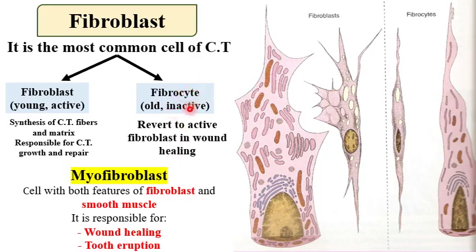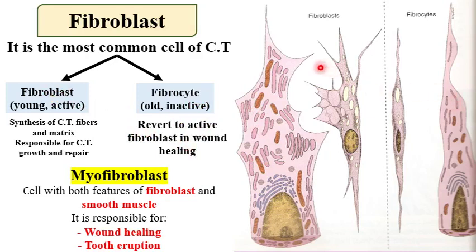As a fibrocyte, it has no function because it is inactive. But if there is wound healing and I need fast fibroblasts to repair my injury, the fibrocyte will revert to the active fibroblast in wound healing to facilitate the healing of the wound.